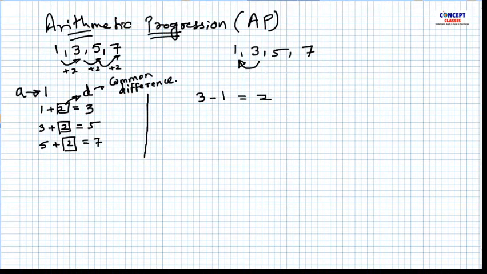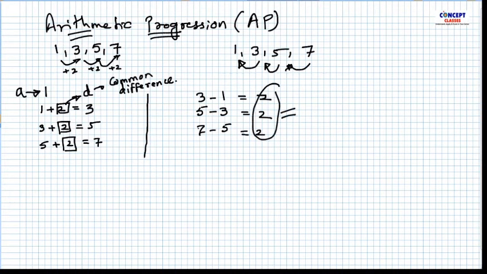Next term minus previous term, so 3 minus 1. Then again, next term minus previous term, 5 minus 3, again 2. Then 7 minus 5, again 2. This is what we mean by common difference. It is just another way of looking at the same thing. I hope you got this.